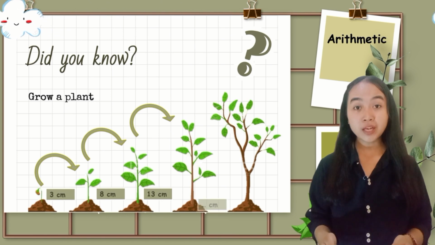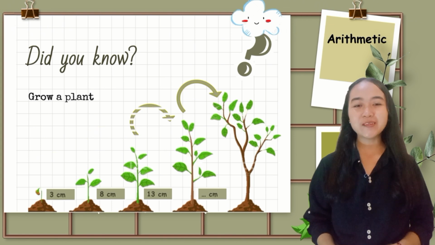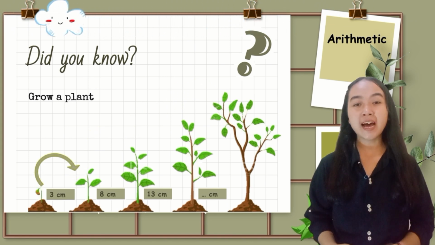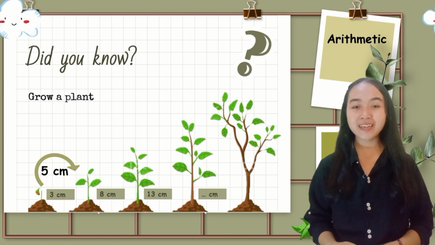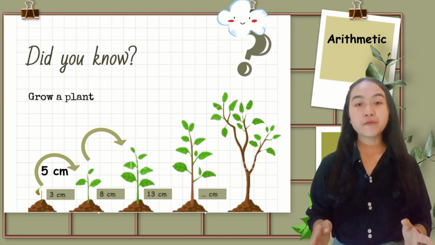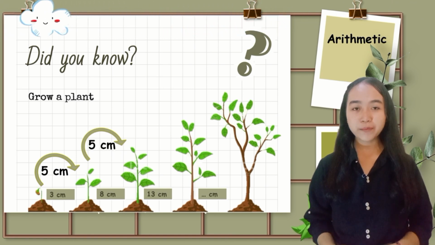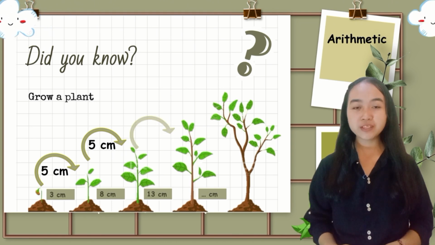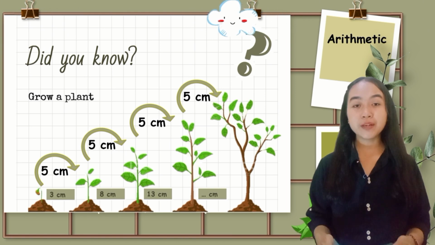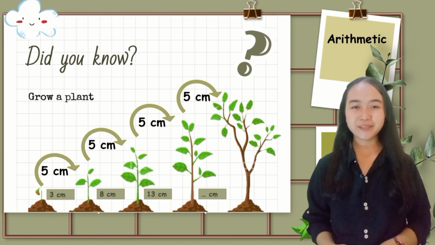In the fourth week, what is the height of the plant? So, let's pay attention. The increase in plant height from the first week to the second week is 5 centimeters. And from the second week to the third week, the increase is the same, which is 5 centimeters, and so on. So, every week, the height of the plant increases by 5 centimeters.